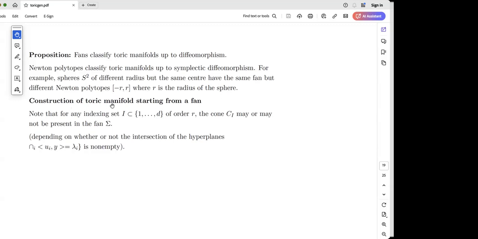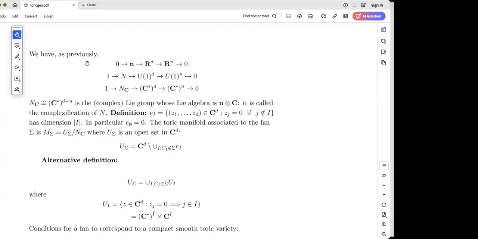To construct a toric manifold starting from a fan, you note that for any indexing set of order r, a cone C_I may or may not be present in the fan, depending on whether or not the intersection of the hyperplanes is non-empty. We have, as previously, these exact sequences of vector spaces and also exact sequences of groups. These are real groups and their complexifications. So N_C is C star to the d minus n.